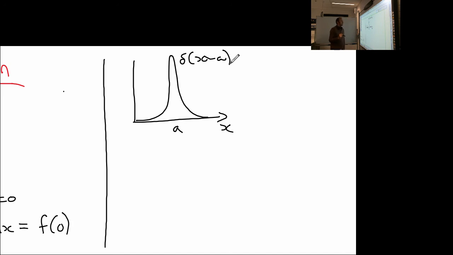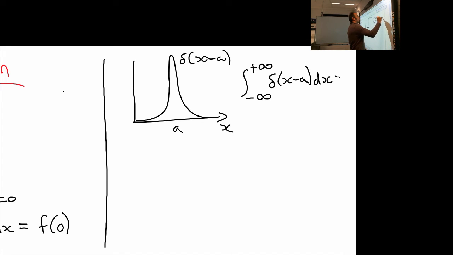It's just been moved. So we can now write something similar to what we had before. So now what we have is the integral from minus infinity to plus infinity of delta x minus a dx. Well, this is still going to be equal to 1, okay, because we're taking into account the delta function.